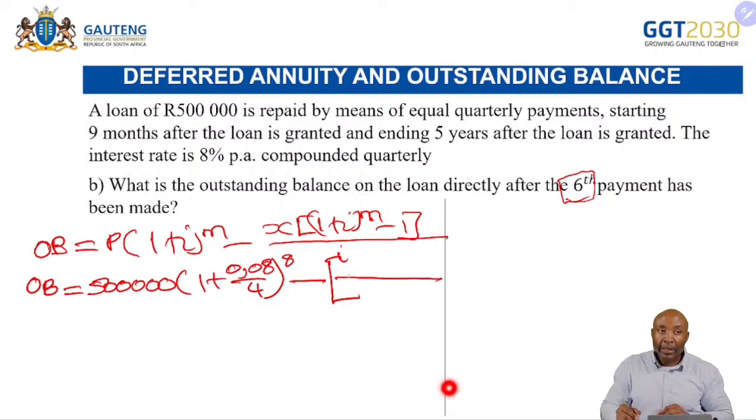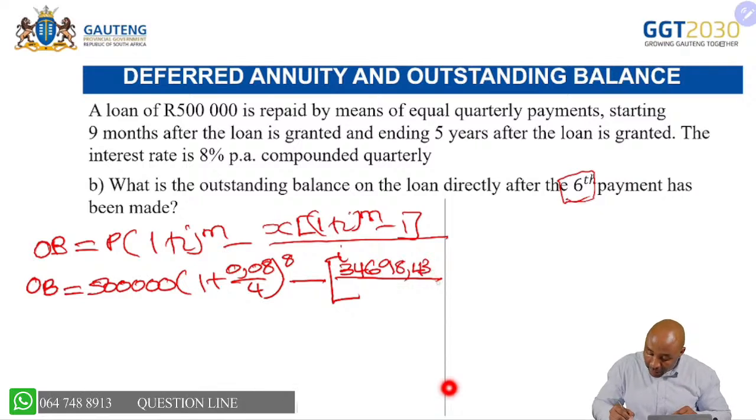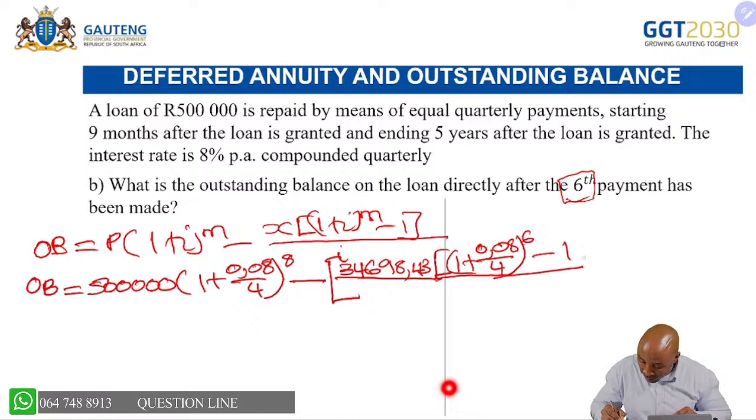Your X is the answer we got on A, which was 34,698.43. And then we are going to grow this future value, (1 plus 0.08 over 4) to the power 6 minus 1.